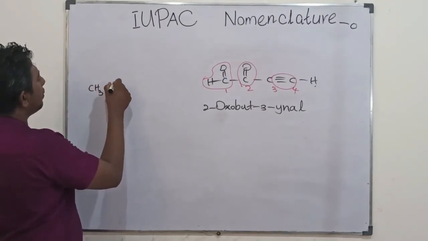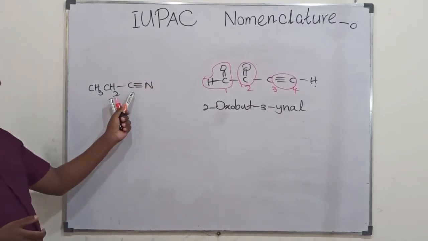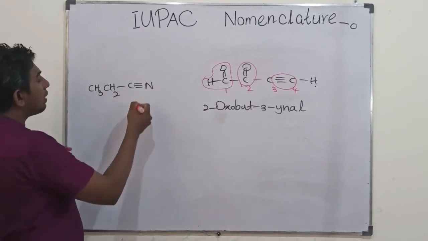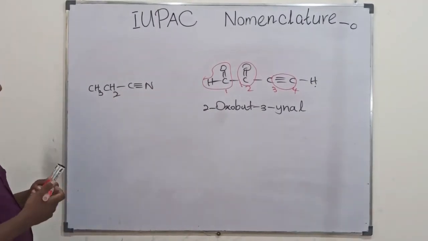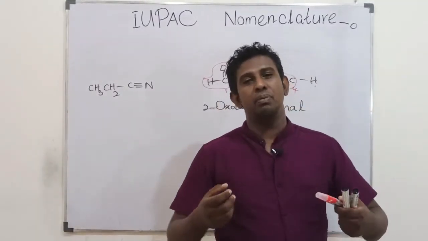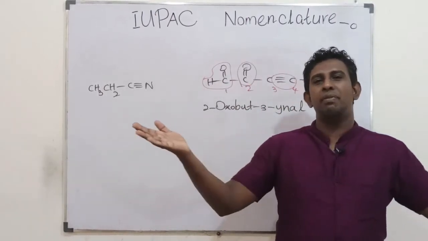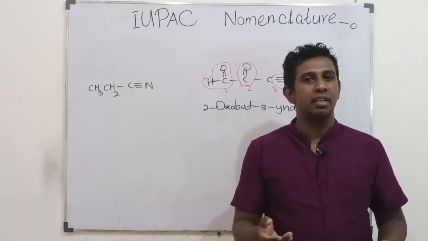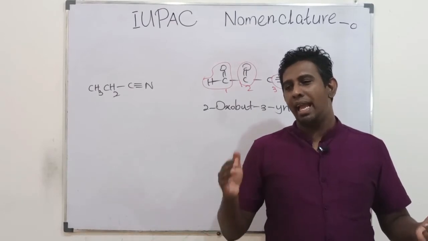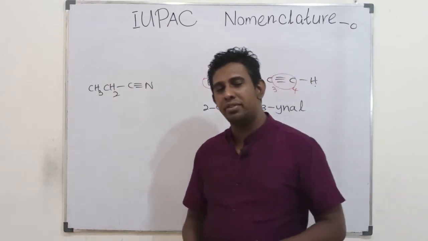Then students, going ahead, we could find out something like CH3CH2C triple bond N. So it's an alkyl cyanide. Then the main functional group is this cyanide. When you have a cyanide group as the main functional group, we give the suffix nitrile. If it is just a subfunctional group, it will be given the prefix cyano. Cyanides are more prominent than alkane, alkene, alkyne, amines, alcohols, ketones and aldehydes.